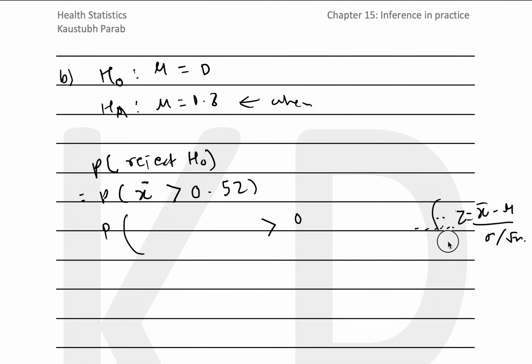So this is what we know. Based on that, we can write the corresponding z values for these two sides of the parenthesis. So x bar should be greater than 0.52.